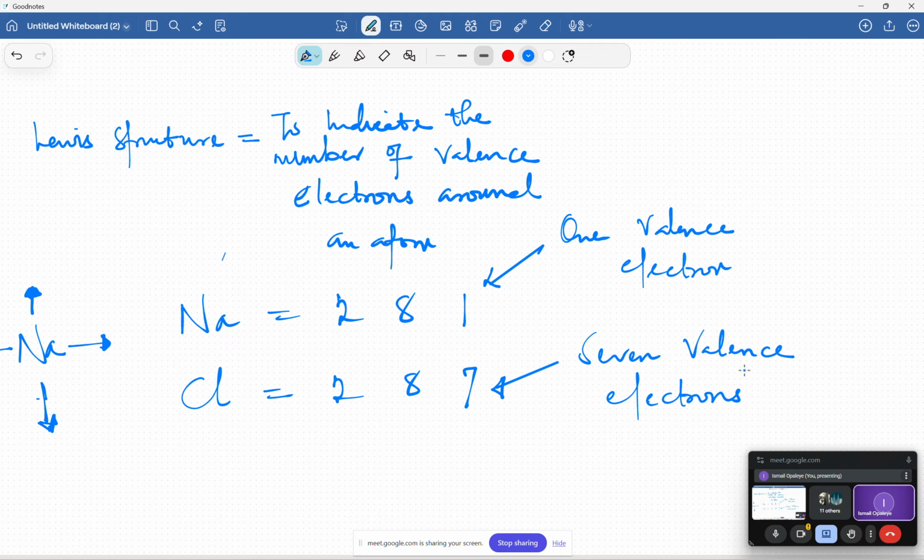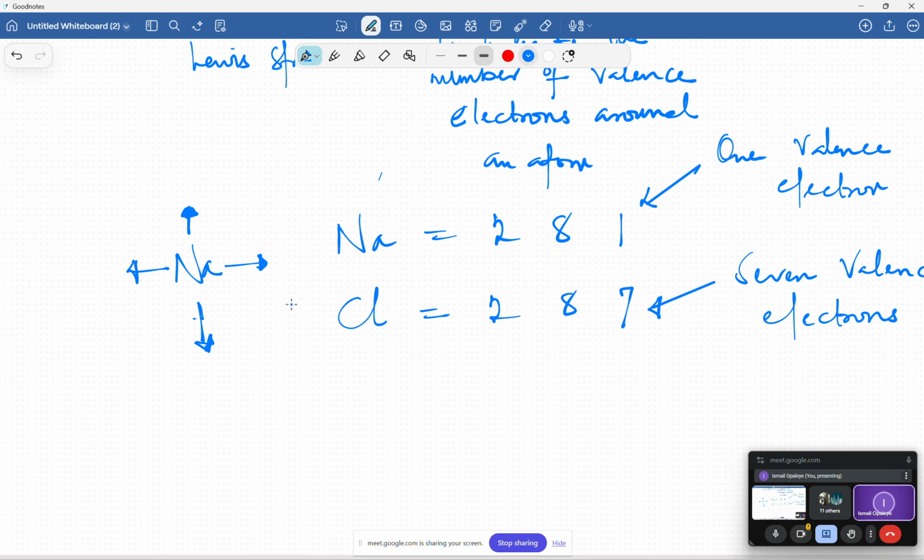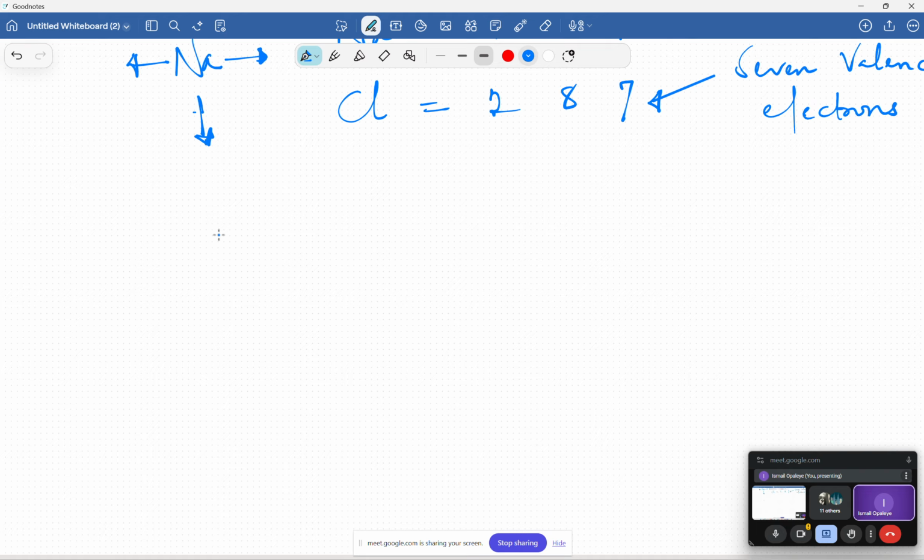So if I want to draw the Lewis structure for sodium, I may decide to write this, I may decide to do this at the bottom, or I may decide to do this by this side. Do you get my point?